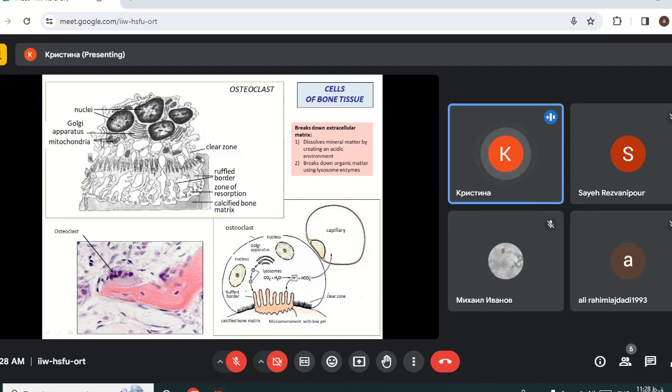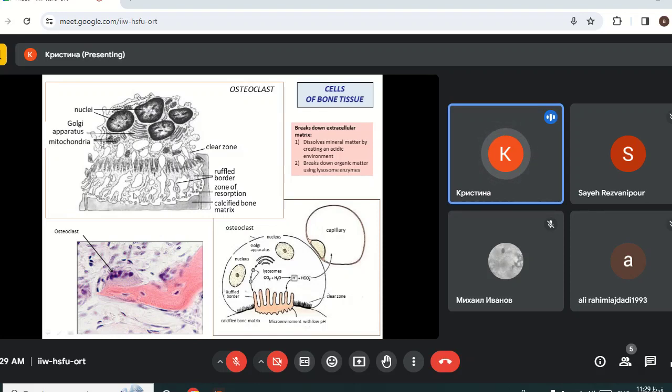And in this area, the osteoclasts form focal junctions, which are temporary junctions of the cell to the extracellular matrix. And below the area of the clear zone, the osteoclast has folds of cytoplasm, which are called the ruffled border. And below the folds of the ruffled border, we have the zone of resorption.